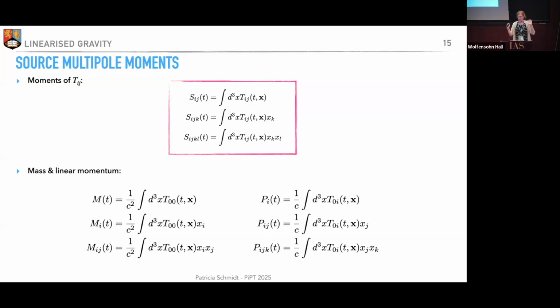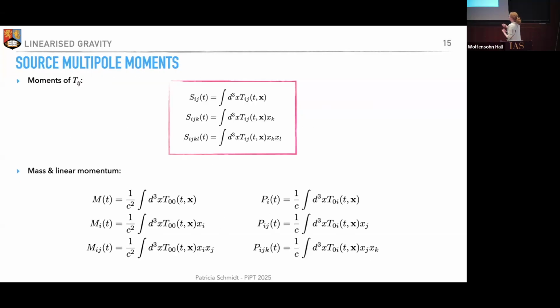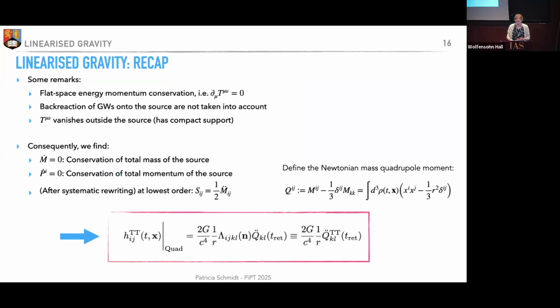So this, I think everybody has seen this before. It just comes back to the point that we had this morning, right? That our gravitational waves are sourced by some multipole terms here that come from the expansion of the stress energy tensors, and we can very nicely relate those to some intrinsic properties of the source, which you would expect, right? It makes sense, right? Depending on what you have, it's going to generate a different kind of gravitational wave.